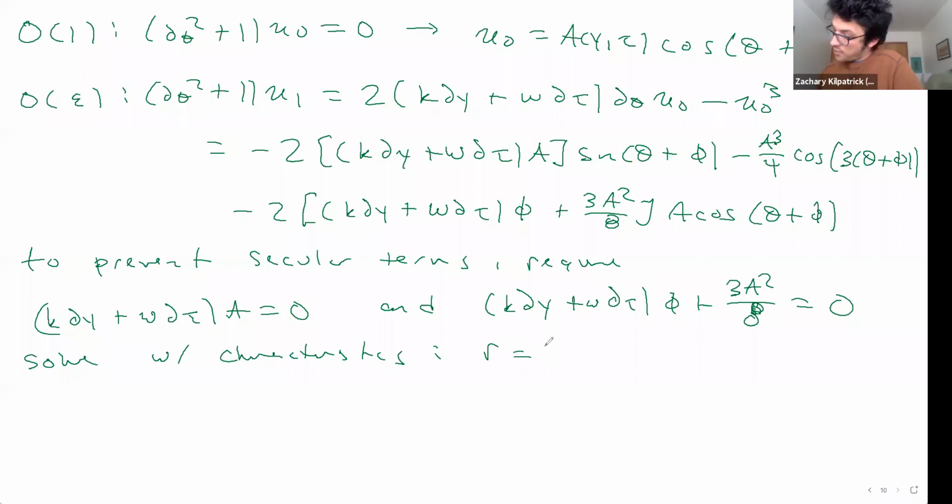So I'll take r equal to ωy plus kτ, and s is equal to ωy minus kτ.